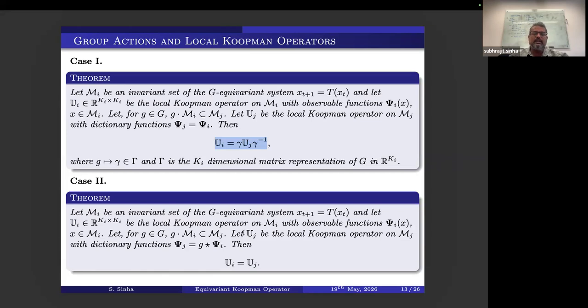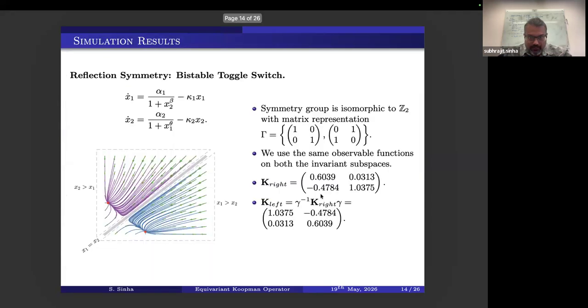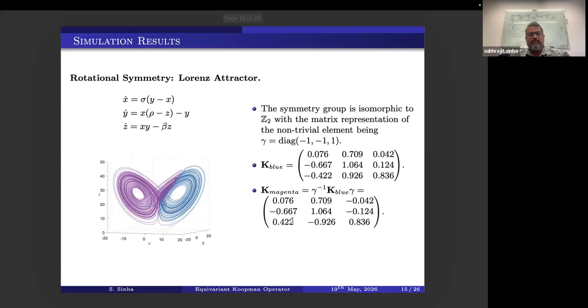The second result is that if we use psi_i and G star psi_i as the two sets of dictionary functions, then the operators are equal. Now we come back to the bistable toggle switch, which we already saw, and we can verify that these two local Koopman operators are related by this similarity transformation. Similarly for the Lorenz attractor.